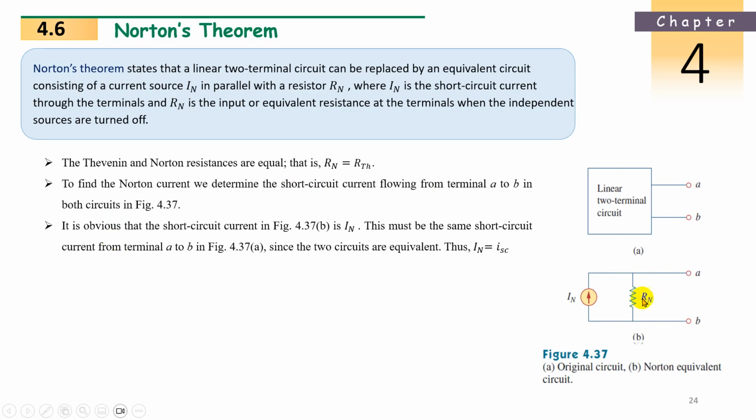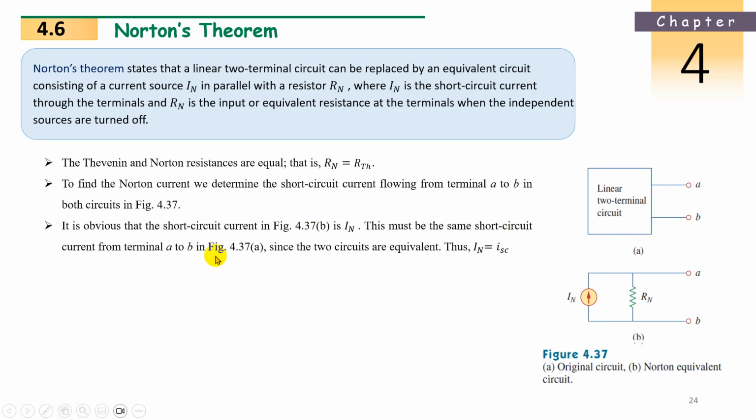Okay, see the resultant circuit here. It is a Norton's source and this is RN, Norton's resistance, which is also equal to Thevenin's resistance, with the same terminals A and B. This linear circuit is equivalent to a current source with a parallel resistance. It is obvious that the short circuit current is IN.